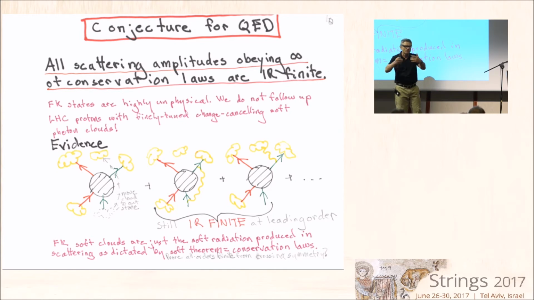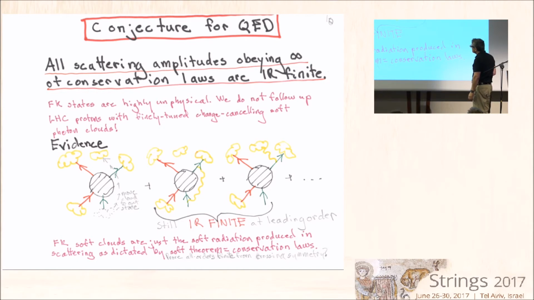We just throw in protons typically without adding any radiation. So it's not satisfactory to cancel infrared divergences only in states that consist of charged particles with clouds. We should be able to just throw in some particles and see what comes out, and it should be infrared finite. In fact, the first conjecture is that this is possible.